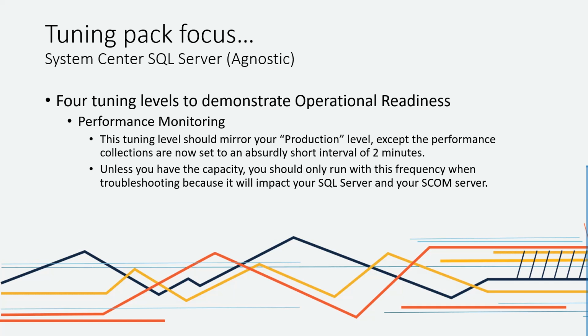We would turn everything to 2 minutes, and it would collect everything, and the data warehouse and the operations manager database would get hammered. But we had all the data that we needed to troubleshoot these issues. But the interesting part was, I think, the next slide.